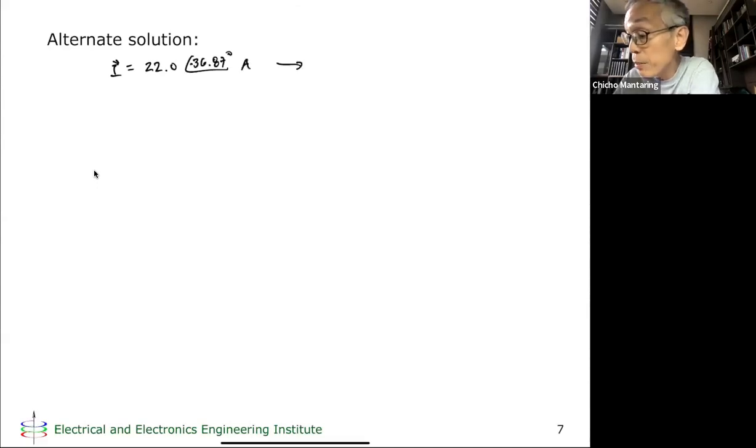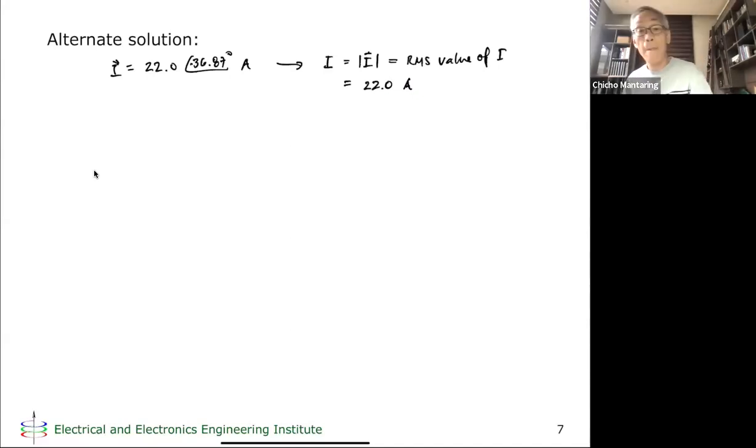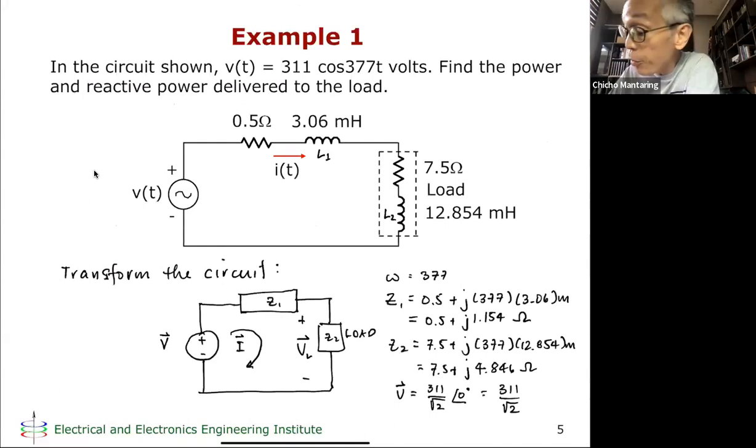Which means that my RMS value for I is the magnitude of my phasor I. What is this equal to? This is equal to 22.0 amperes. If I want the power delivered to the load, I know that real power will only be delivered to a resistor.